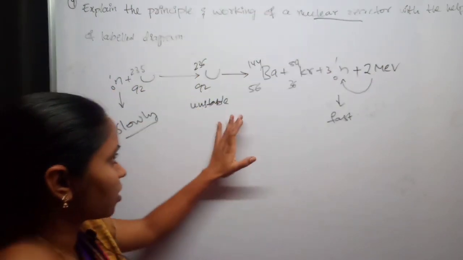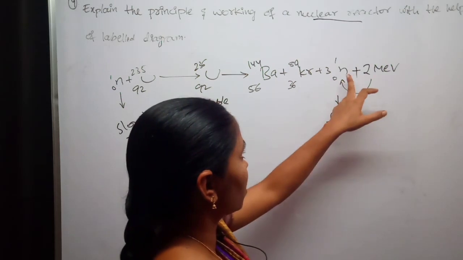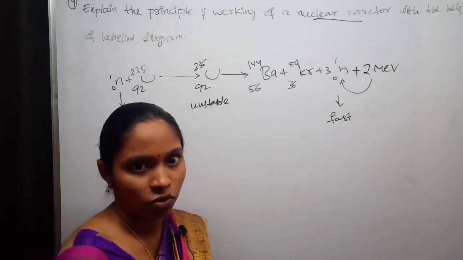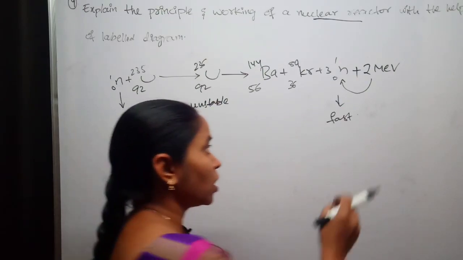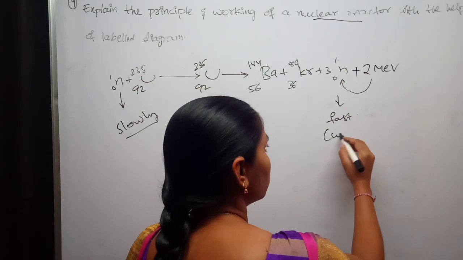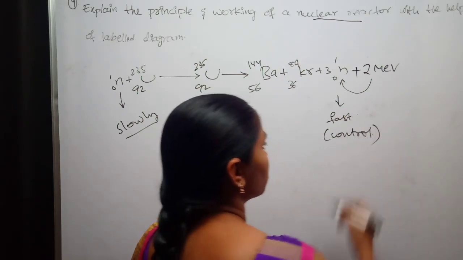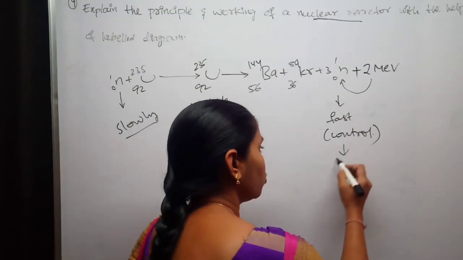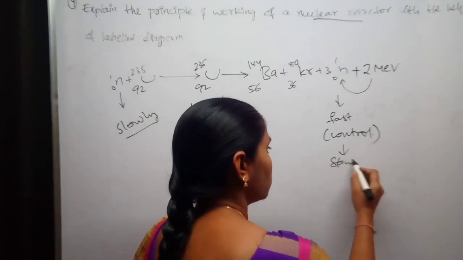After the reaction we are going to have 3 more neutrons which are fast moving neutrons. If you control the speed of these neutrons and make them move slowly, what happens?